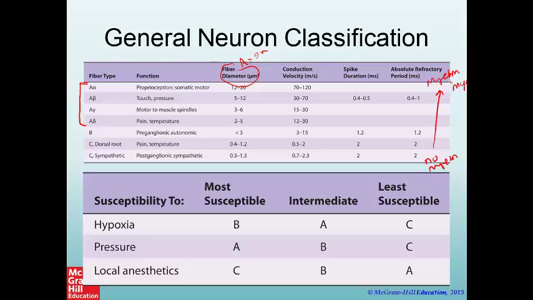Those are smaller than all types of the alpha fibers. And so they're going to have an even slower conduction velocity. Fibers that transmit a slower pain signal, what's called slow pain, are type C fibers. Those are relatively unmyelinated and have a slow conduction velocity, as do postganglionic sympathetic C fibers.